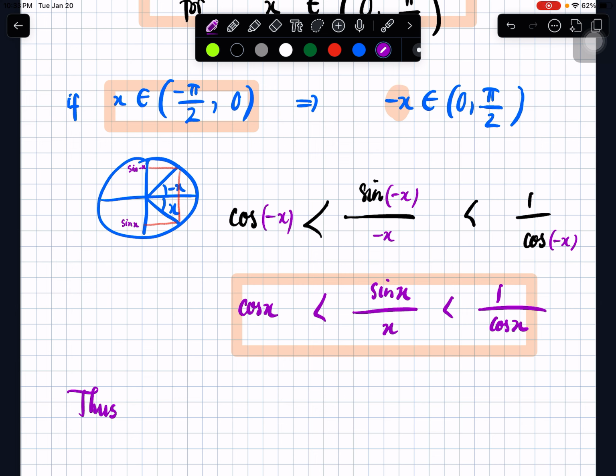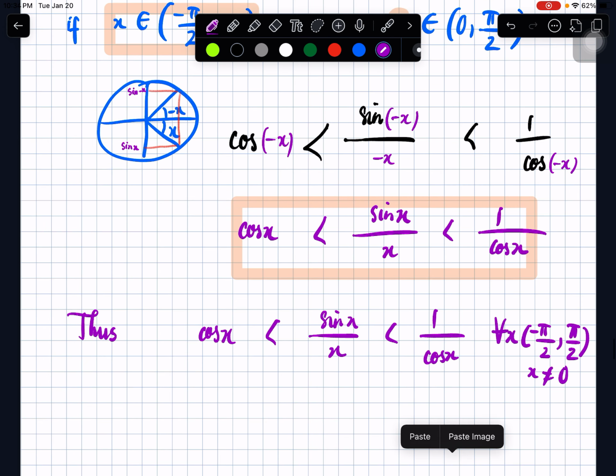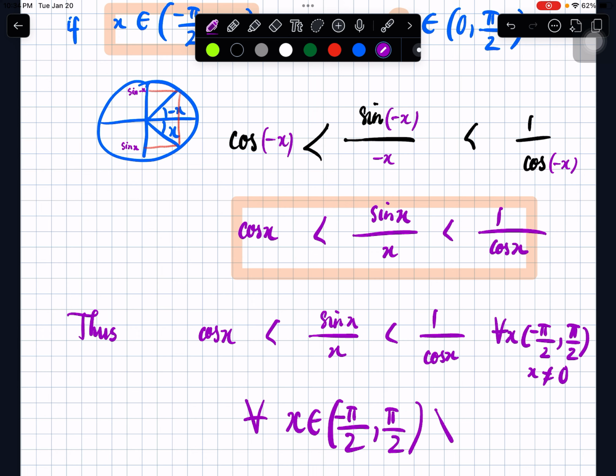Therefore, we have cosine of x less than sine x divided by x, less than 1 divided by cosine of x, for all x between minus pi divided by 2 and pi divided by 2, x non-zero.